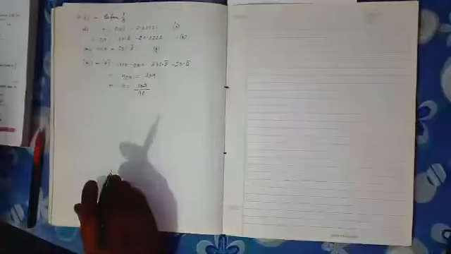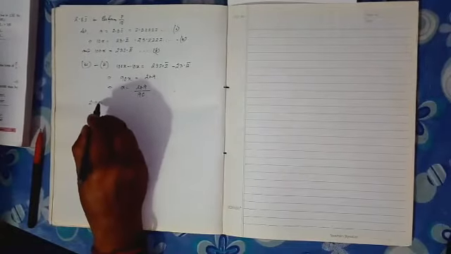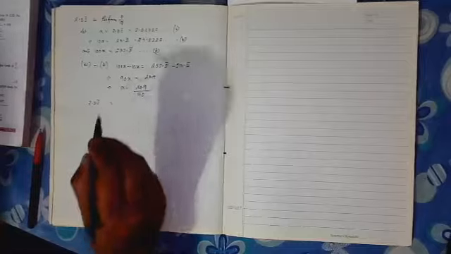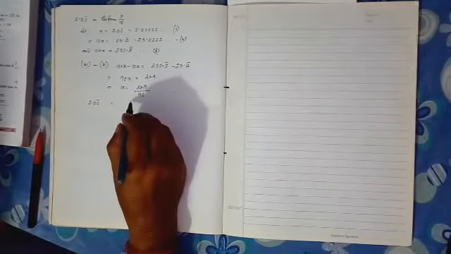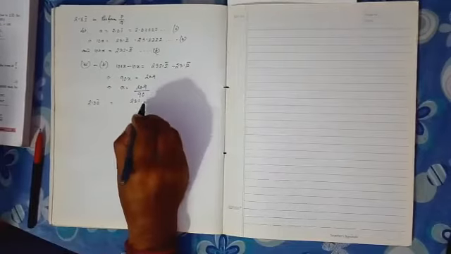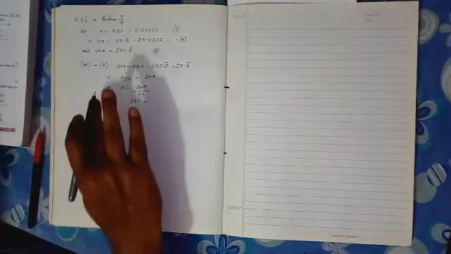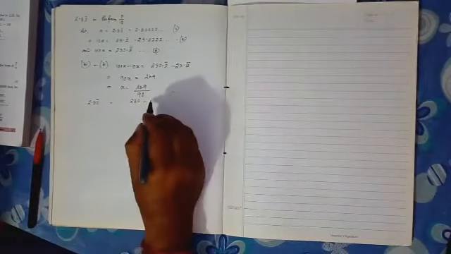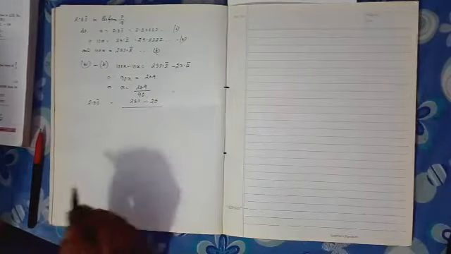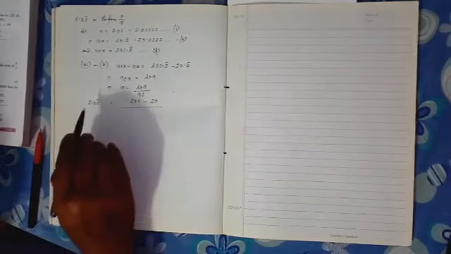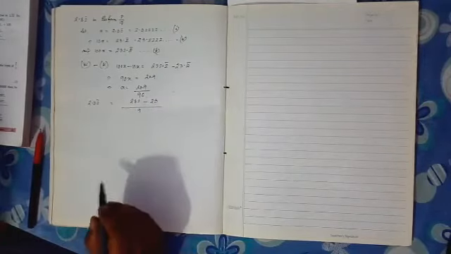Now let us do it in the shortcut form. 2.322 bar is equal to, first write the number without any decimal, without any bar. So 232 minus, what is the number without bar? 23, by how many digits are under the bar? 1 digit, so 9.